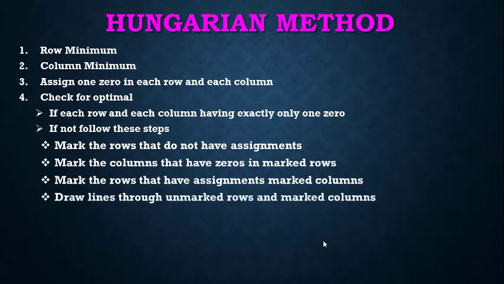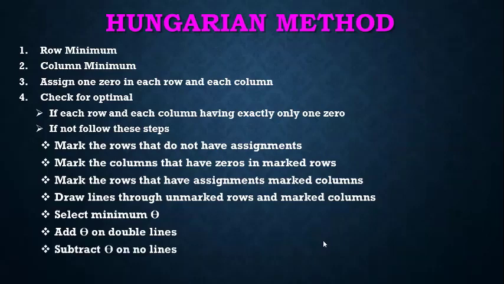Next, we are going to draw lines through unmarked rows and marked columns. Then we select the minimum theta, add theta on double lines, subtract theta on no lines, and no change on the single lines. So this is the step-by-step procedure in the Hungarian method. After that, we are going to repeat step 3 once again.